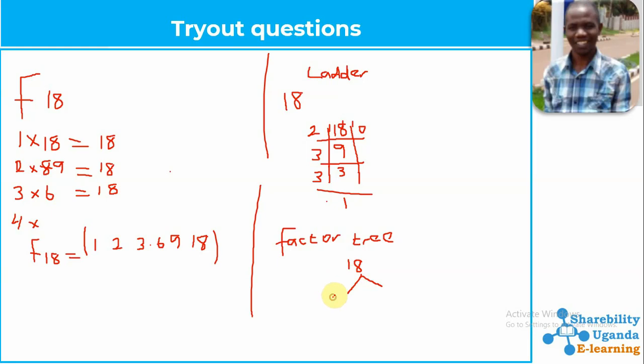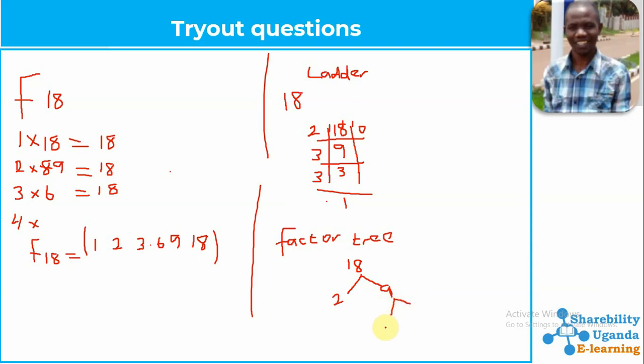We have our 2 here. Then we say 18 divided by 2, we get our answer as what? As 9. Also here, when you get your 9, you draw another one like this.